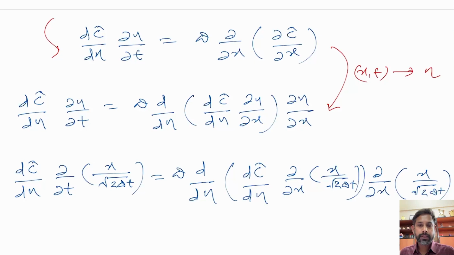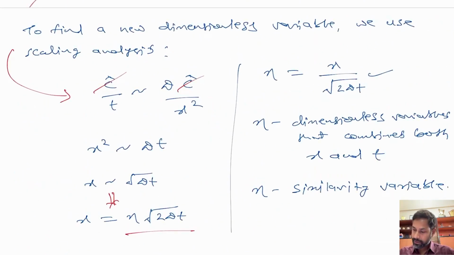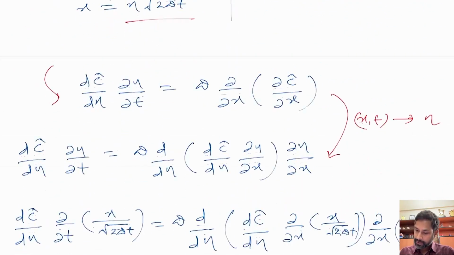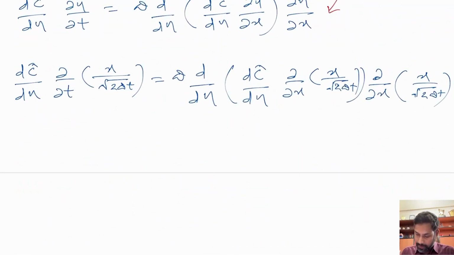All right, so this is quite straightforward. We have just replaced eta with the formula that we derived here. And now we simplify this equation further.